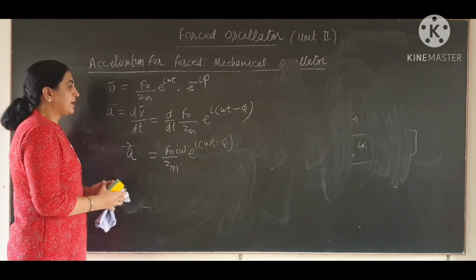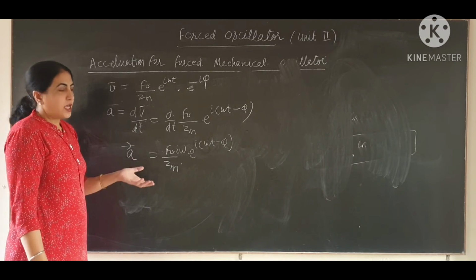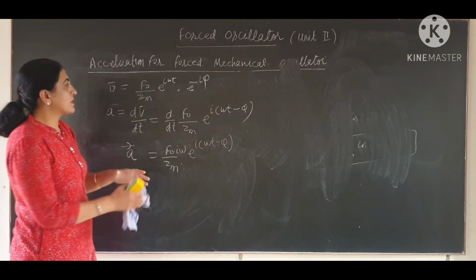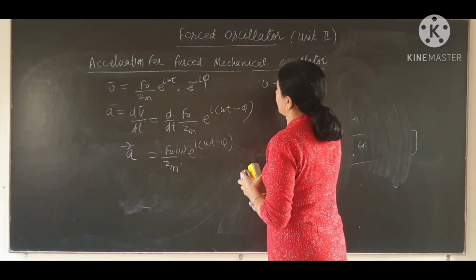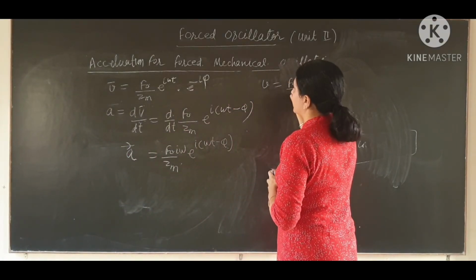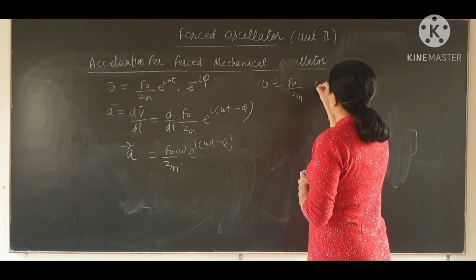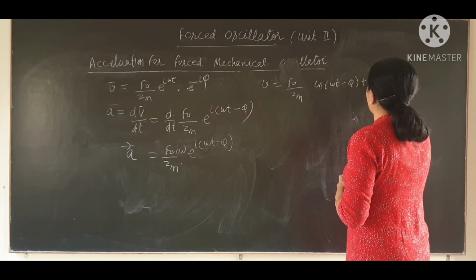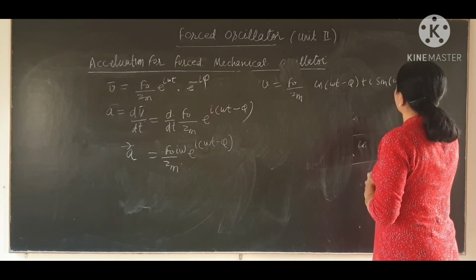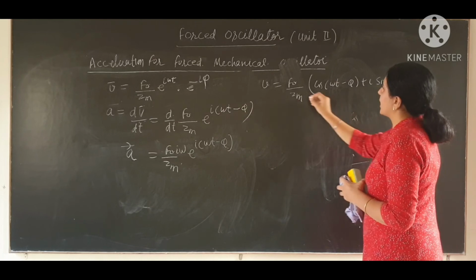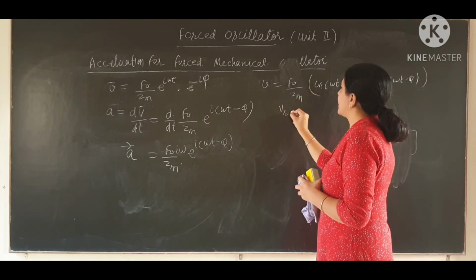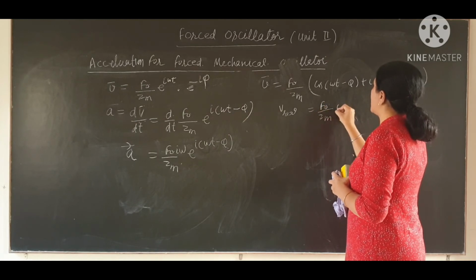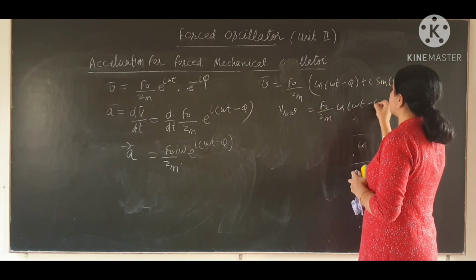You can also find the real part of this acceleration by putting the values of e raised to power. I can write velocity is equal to F naught over Zm (cos of (omega t minus phi) plus iota sine of (omega t minus phi)). When you take the real part, that is F naught over Zm cos of (omega t minus phi).